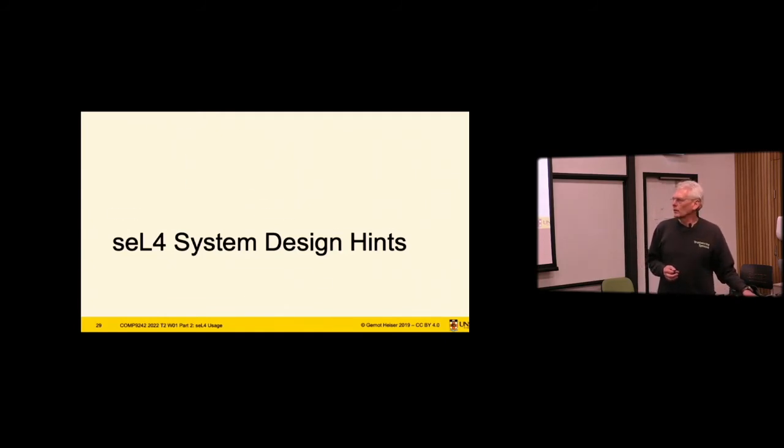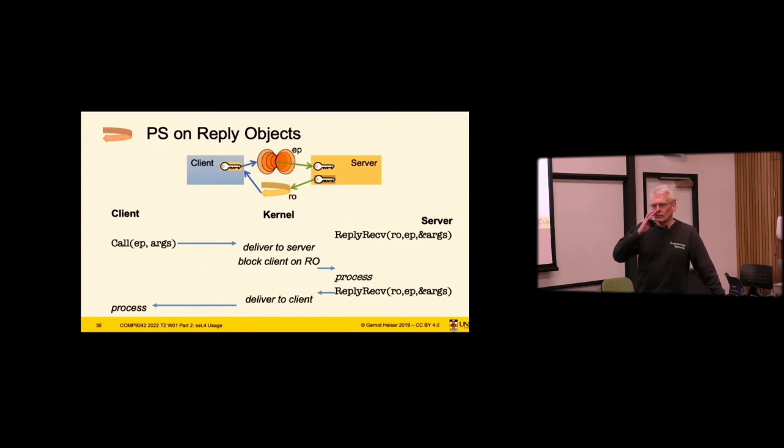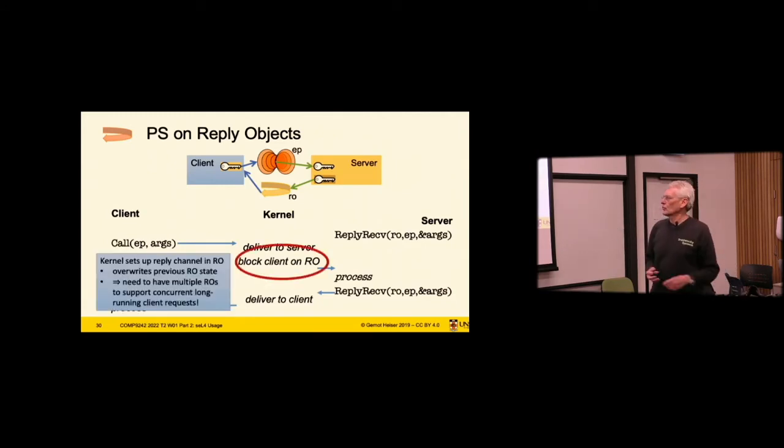One is a reminder of what I said two days ago already: unless your server only has short-running invocations, you can't get away with just multiplexing a single reply object. You need to have multiple ones. This is just reinforcing that.